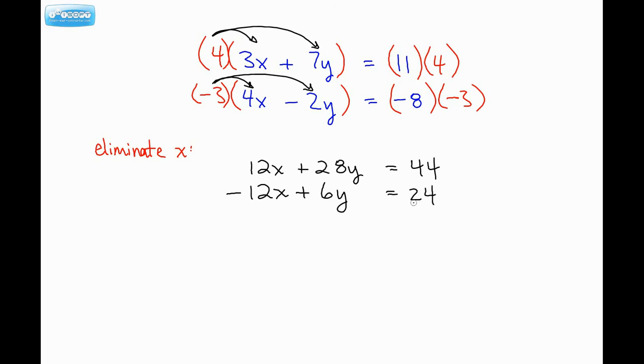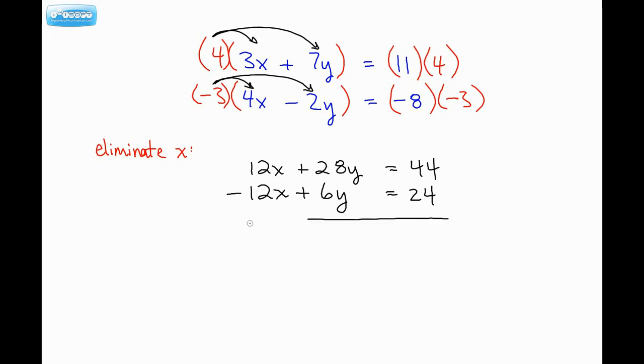Okay, so this is my new system of equations. It's just a disguised version of the original set. But look at my x coefficients. This is positive 12. This is negative 12. So now, when I add these together, the x's are actually going to cancel out. So we've done step 2, we have done step 3, now we're on to step 4, that is adding and solving.